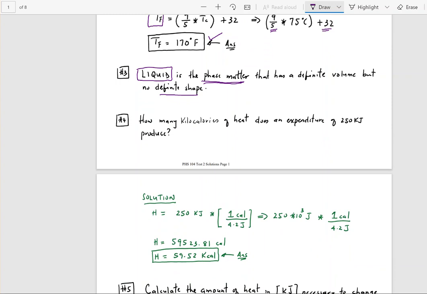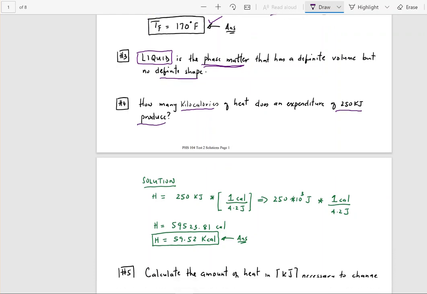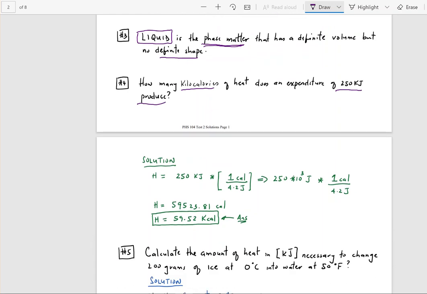The fourth question is asking us how many kilocalories of heat does an expenditure of 250 kilojoules produce? This question is really testing you on two things: the notion of heat and how it produces energy, and also your conversions. So we're going from kilojoules to kilocalories.